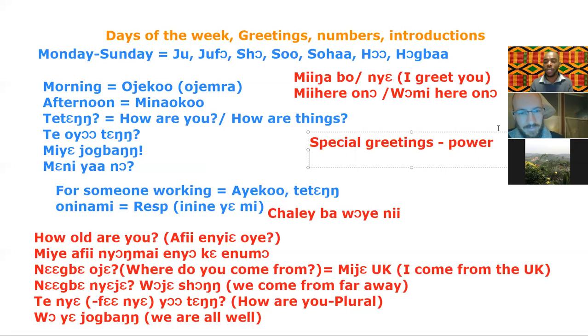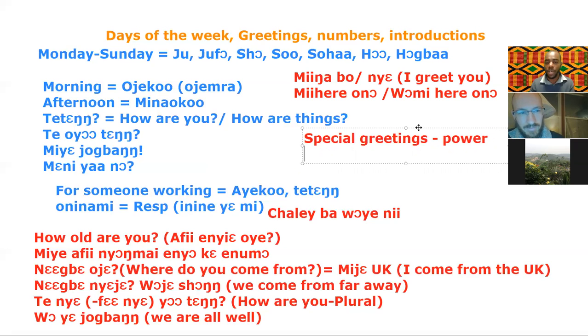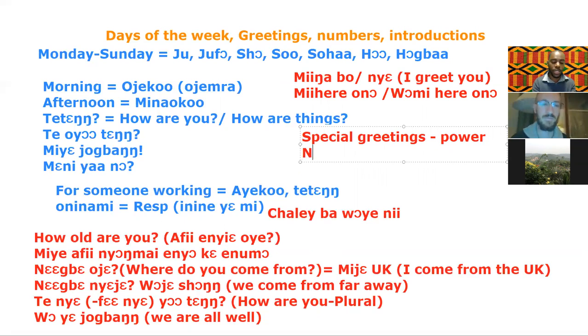Once you see anybody in power or anybody who traditionally is a leader, i.e. the chief or the linguist, you don't greet them good morning or good afternoon, it is disrespectful. If it is a female, you start with na. If the person is a male, you say ni. And the greeting here is hamanye.